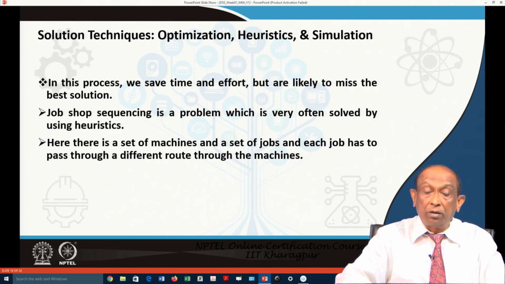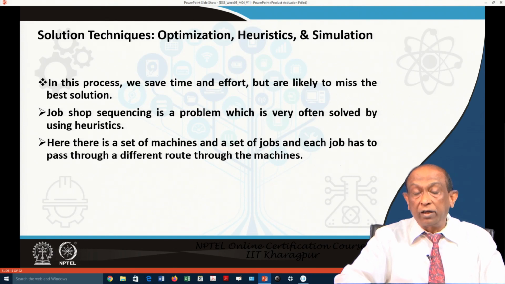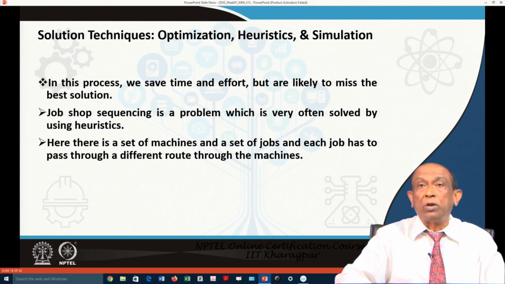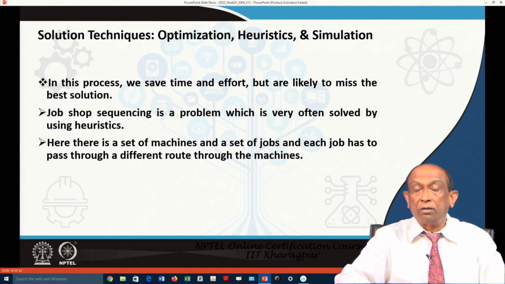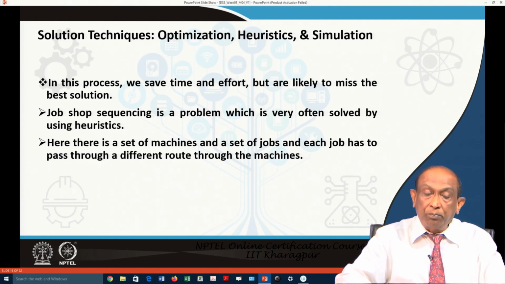For example, job sequencing or even scheduling is a very complex problem. If we try to find an optimal solution, we will be left nowhere. So, in the production shop, such kinds of job shop sequencing problems are often solved using heuristics.